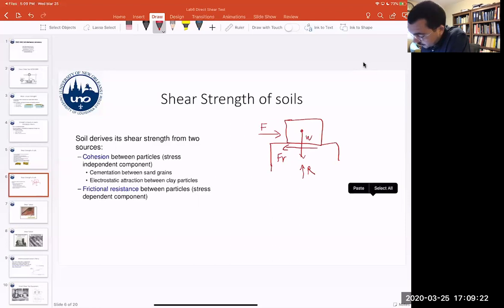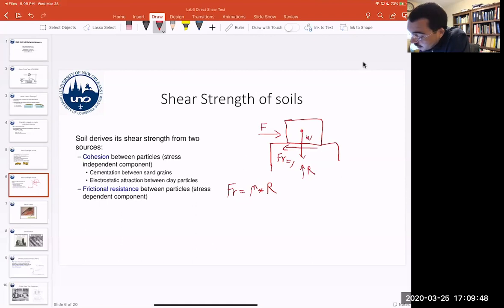This frictional resistance we know from statics. The frictional resistance is equal to mu multiplied by the reaction force. And then in soil, just imagine that the block is basically two soil particles, one is the table, one is the block. This is the basic theory behind it.